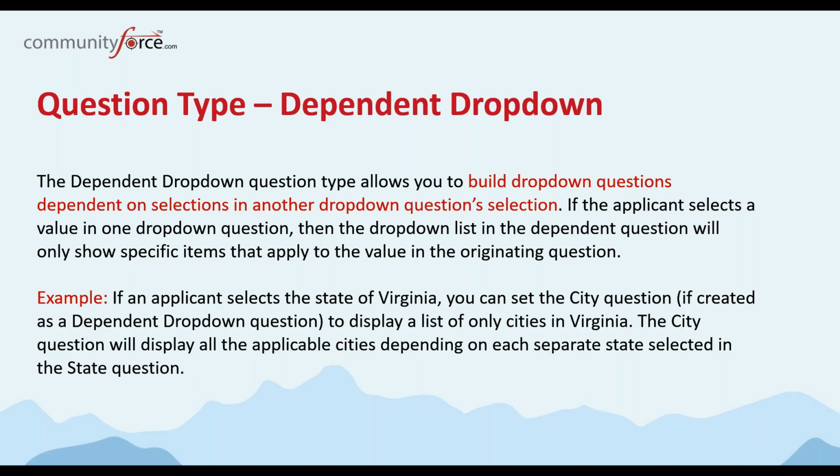And then what you do when we build this, and I will show you this, if the applicant selects the state of Virginia, then the next question, that is the city question that they need to answer, will automatically give them a listing of all the cities within Virginia. Maybe they want to choose the state of Florida when they choose their state question. So then as soon as they get to the city question, the system will automatically give them just the cities of Florida. So that's a nice use of the dependent dropdown.